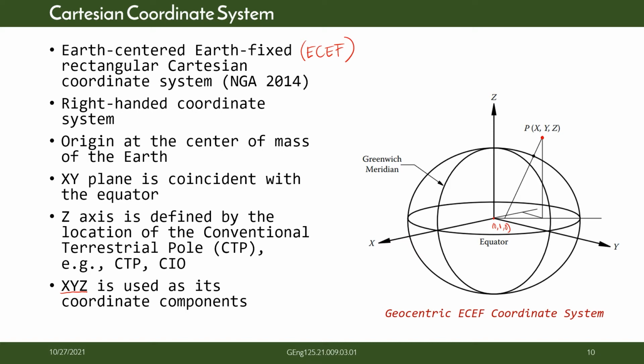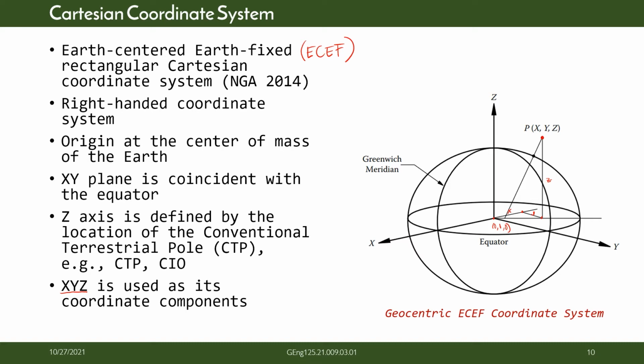With respect to X, you have your X here, from this to this X, then for Y, you have your Y, and for Z, from here to here, that's your Z. So that's how we locate positions in the three-dimensional Cartesian coordinate system.